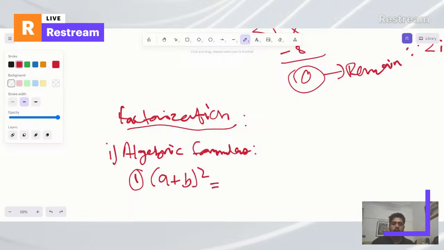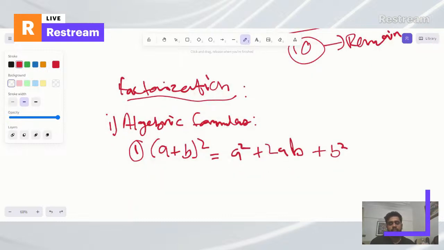a plus b whole square. And what does it mean by a plus b whole square? It is going to be a square plus 2ab plus b square. So this is one of the algebraic formulas. In total there are three algebraic formulas. So can anybody tell me the other one?